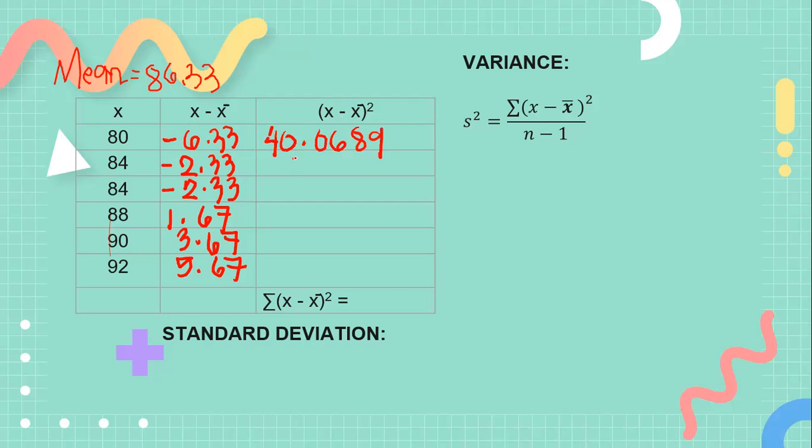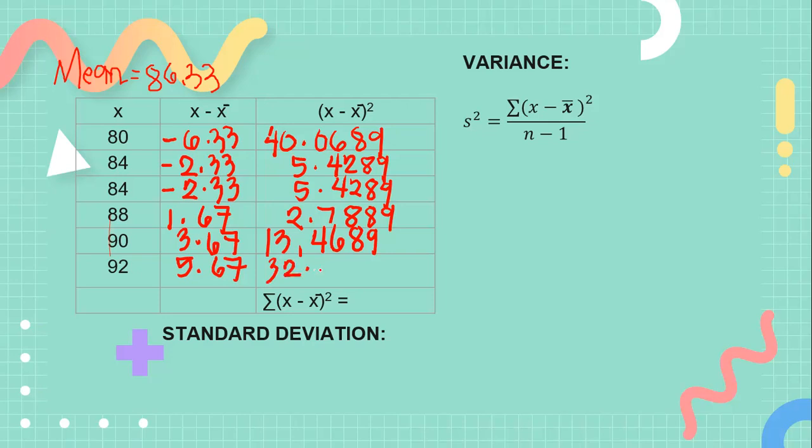Then 5.4289, 5.4289, then 2.7889, then 13.4689, then 32.1489.